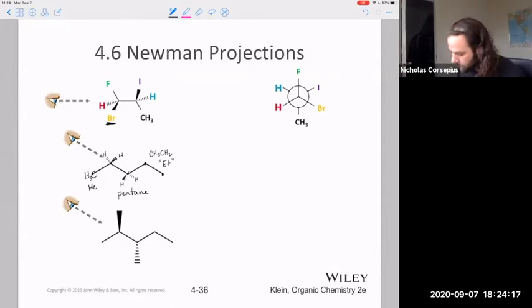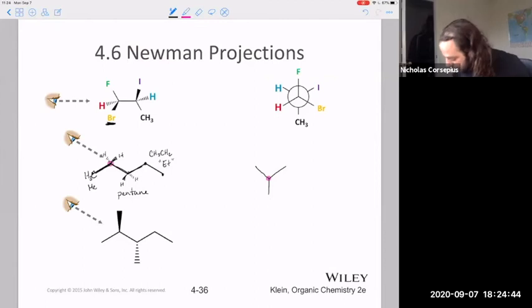Okay? So now I'm going to draw my Newman projection for this particular molecule. I'm going to draw it exactly as written, right? So now my bond that is in the plane of the page on my front carbon actually points down. So I'm going to start out with this upside down Mercedes symbol. All right, that's my front carbon.